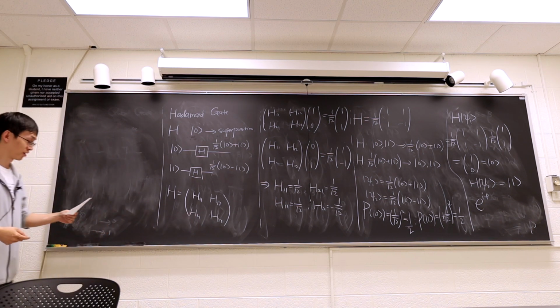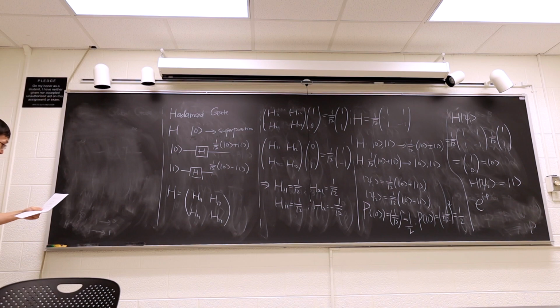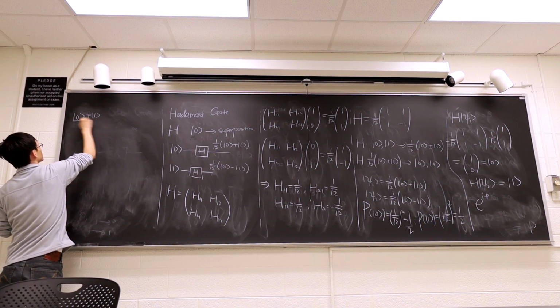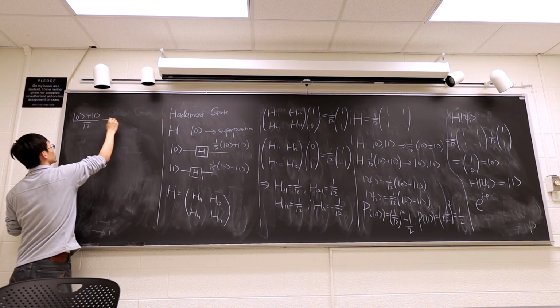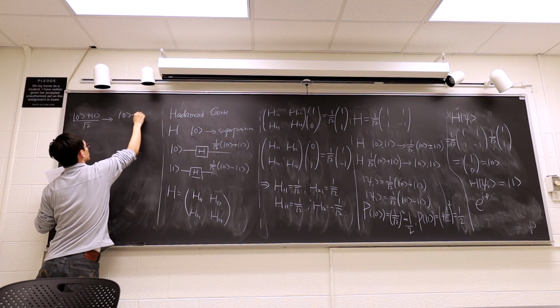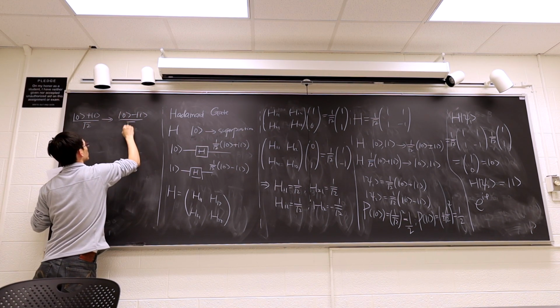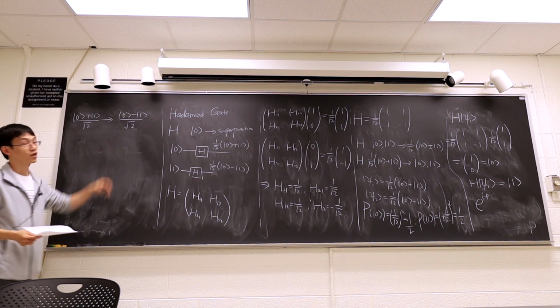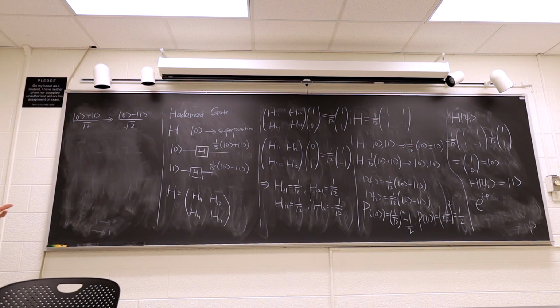So for example, if we want to change this state into this state, you want to change the phase by 180 degrees on the second qubit. Of course, you can write a gate to do this.